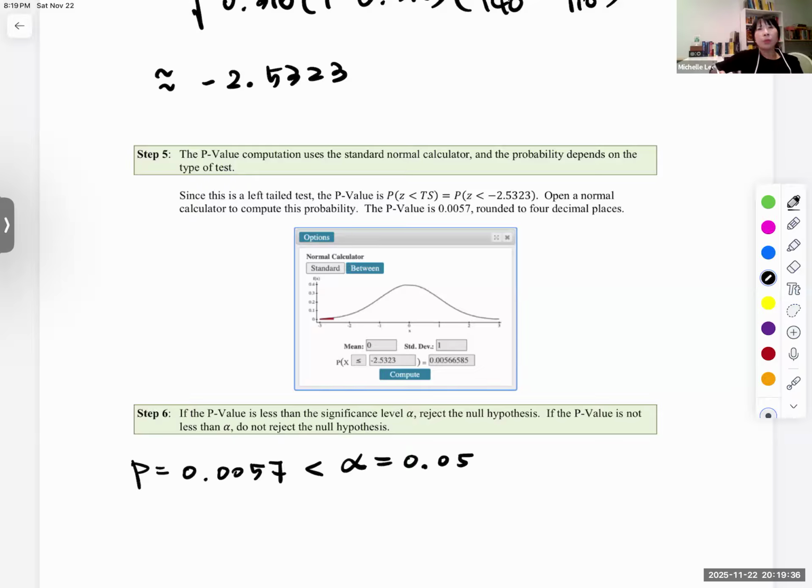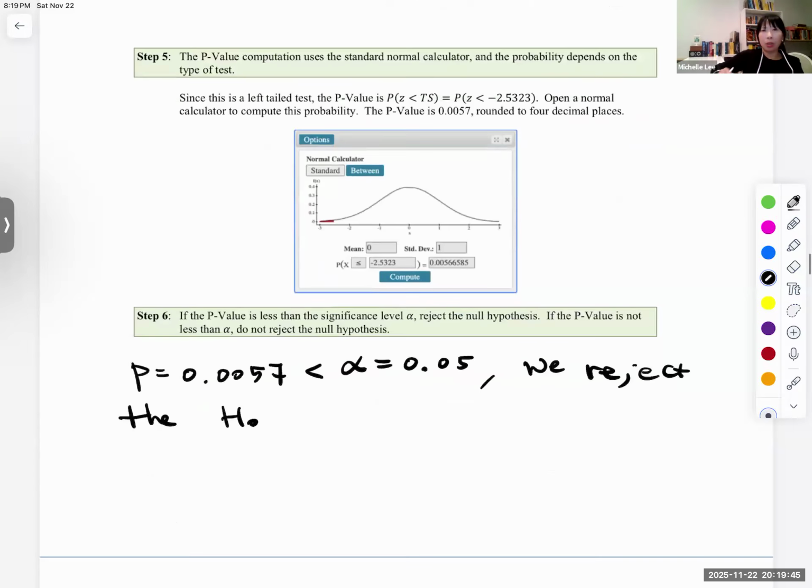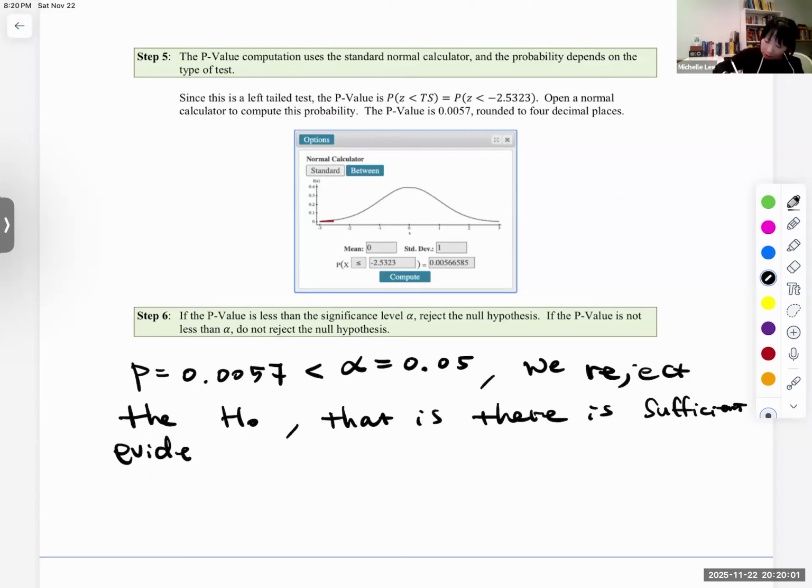So we do reject the null hypothesis. That is, there is sufficient evidence to support the alternative hypothesis.